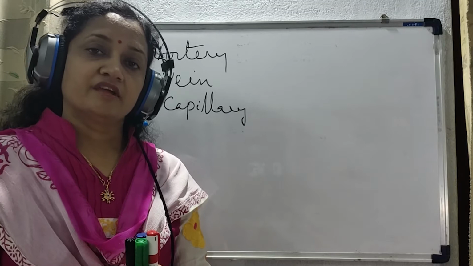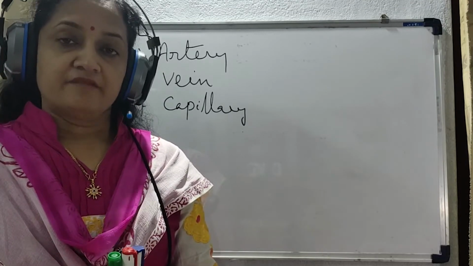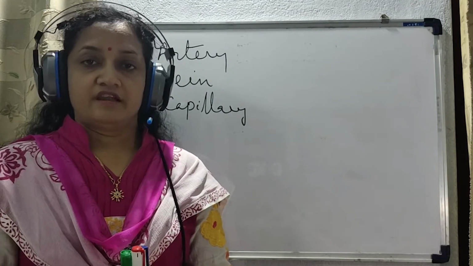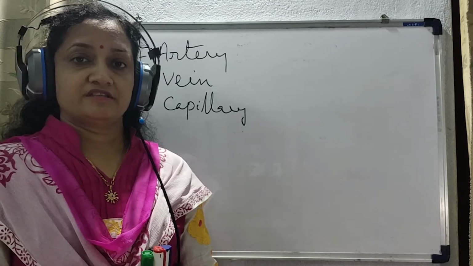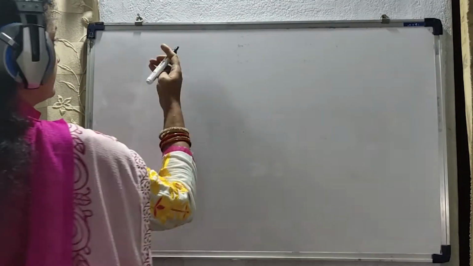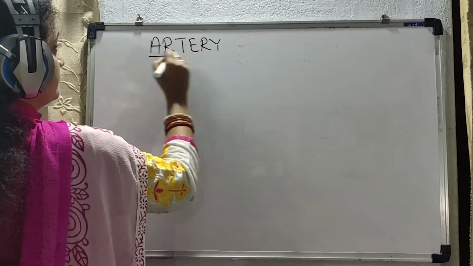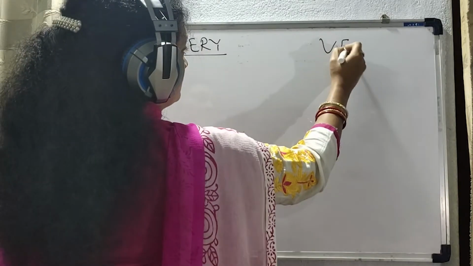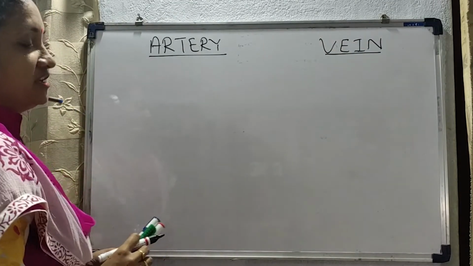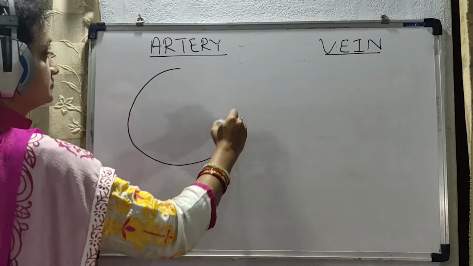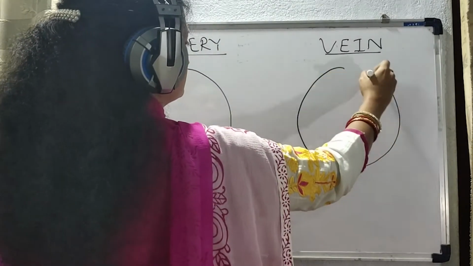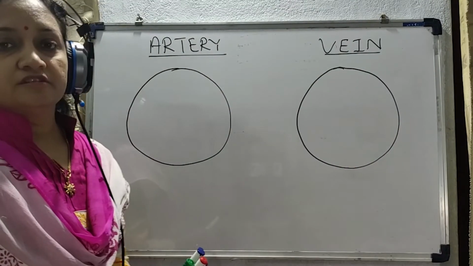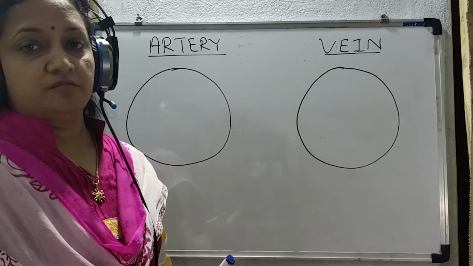So let us compare the inner diameter of the artery and the vein along with the capillaries. Artery and vein. I have drawn the outer circle of the blood vessels.